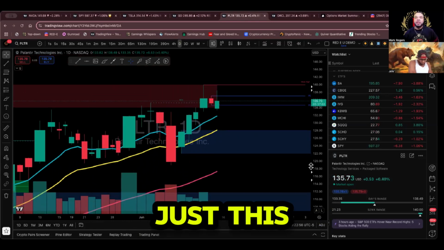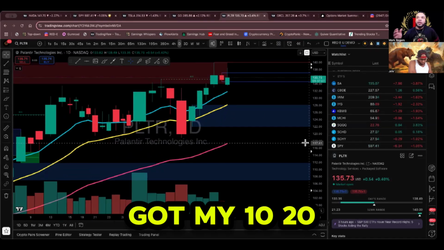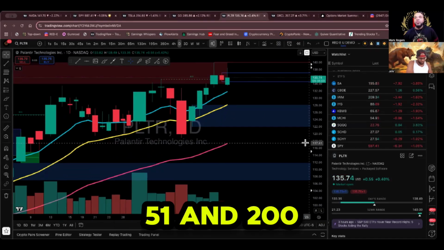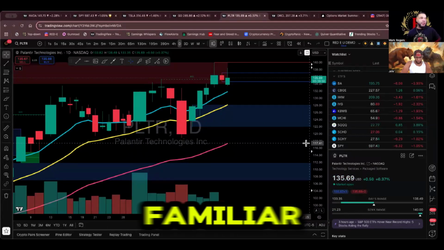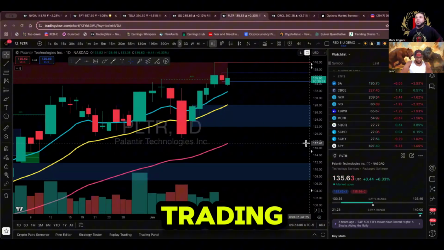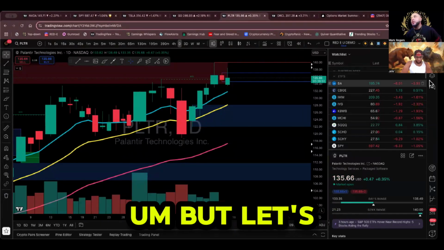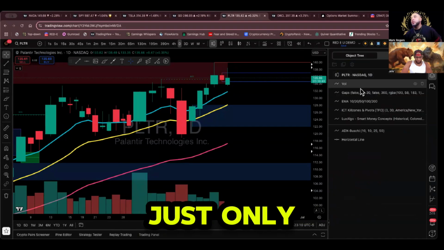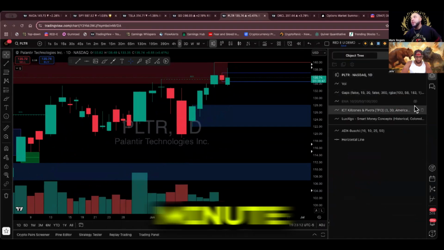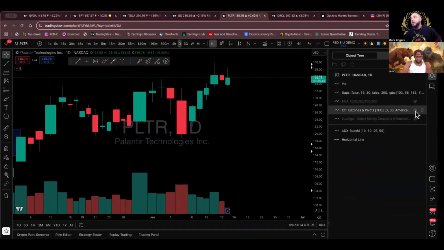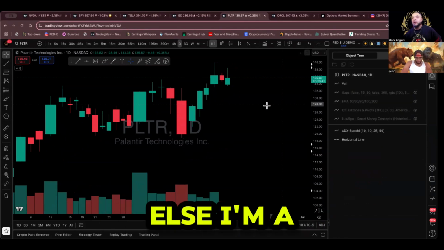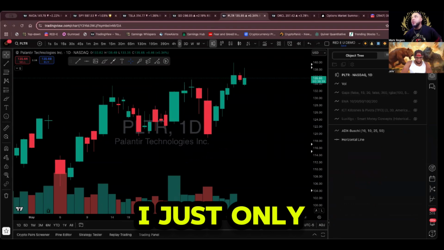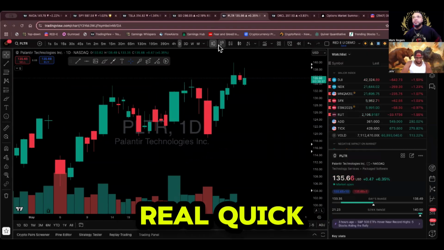Just the setup that you're seeing right now, I got my 10, 20, 50, and 200 EMA. I've got smart money concepts, which everybody's familiar with from the flawless trading system. But let's just only look at the candles for just a minute. I also have ICT kill zones. That's something else I'm going to dig deep on. But I just want to focus on the candles real quick.